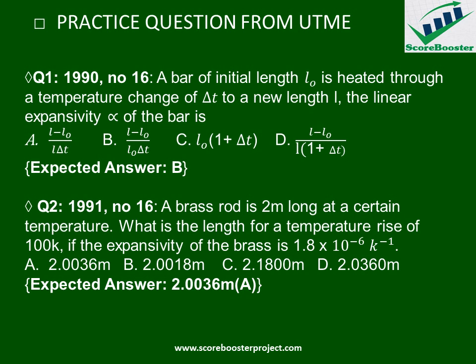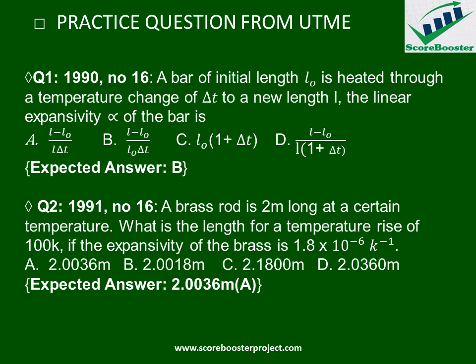Option A here is L minus L0 over L delta T. Option B is L minus L0 over L0 delta T. Option C is L0 into 1 plus delta T, while option D is L minus L0 over L into 1 plus delta T. Expected answer here is option B.